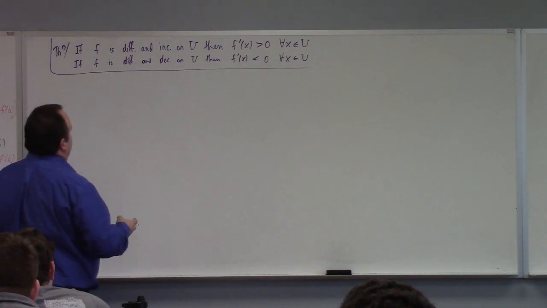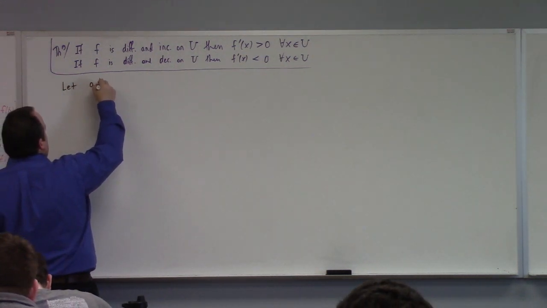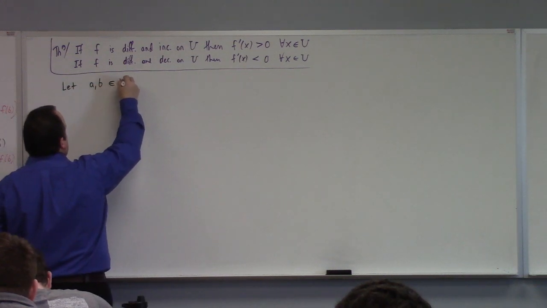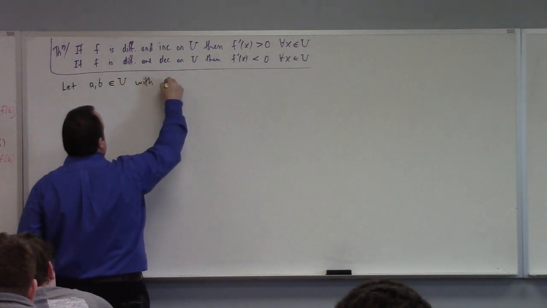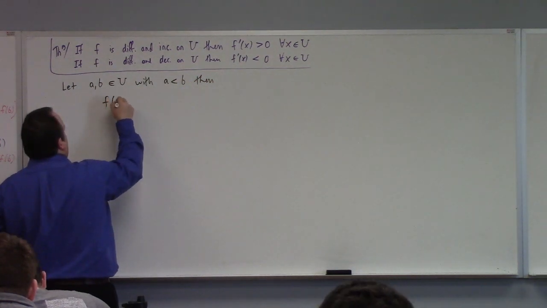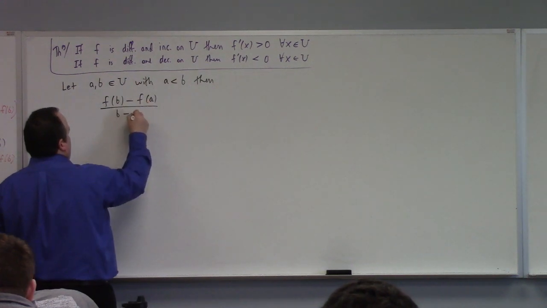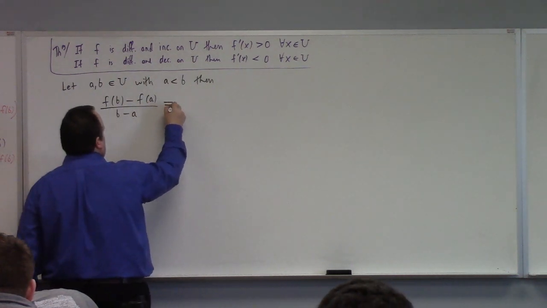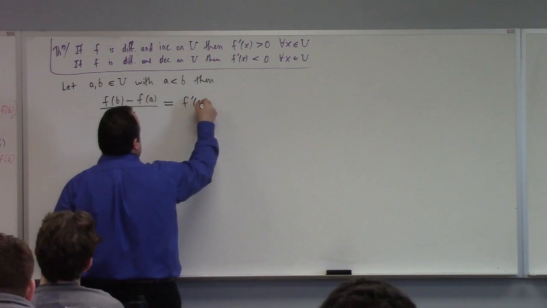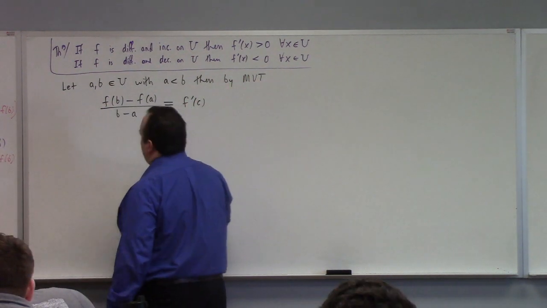Let's let A and B be elements of U with A less than B. Then we have f of B minus f of A divided by B minus A is equal to f prime of C. Does the mean value theorem apply here?